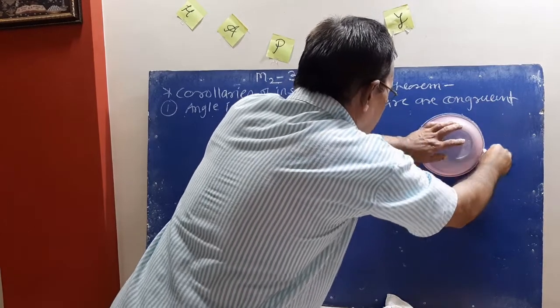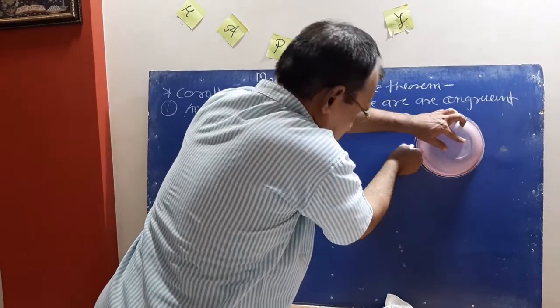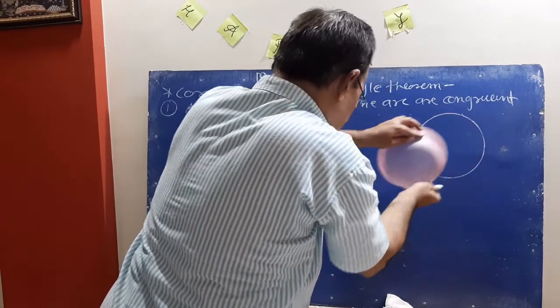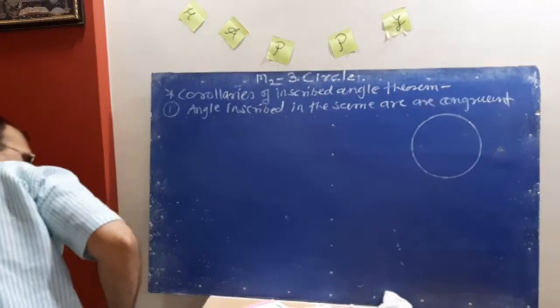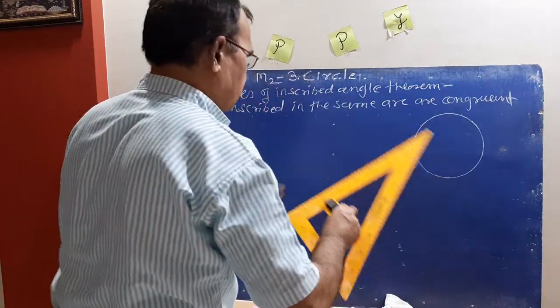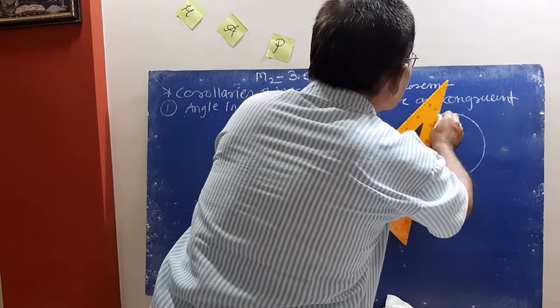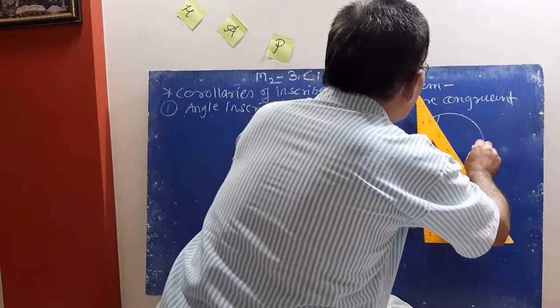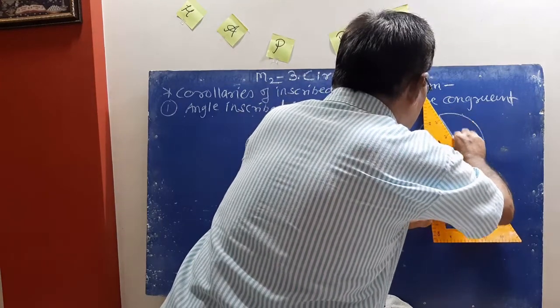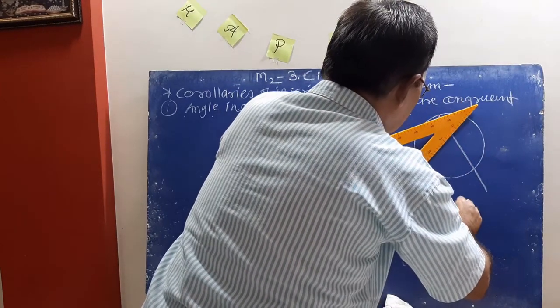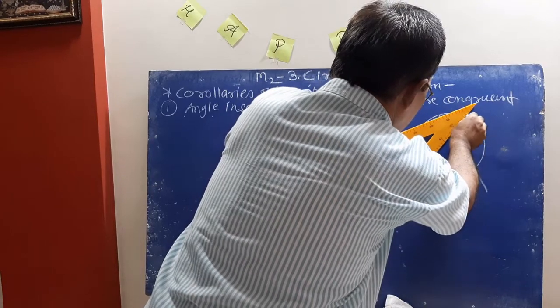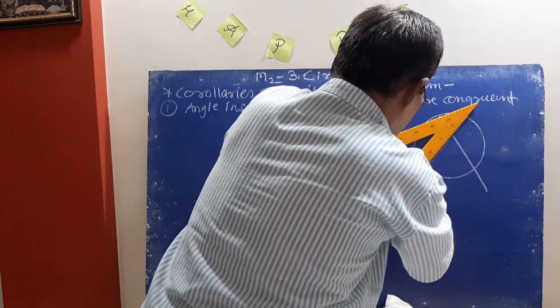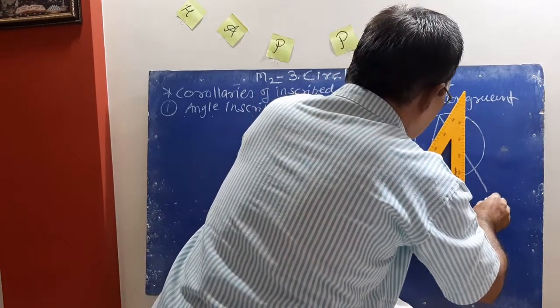Draw any circle with a convenient radius. This one is an inscribed angle. Then this one is also an angle inscribed by the same arc.